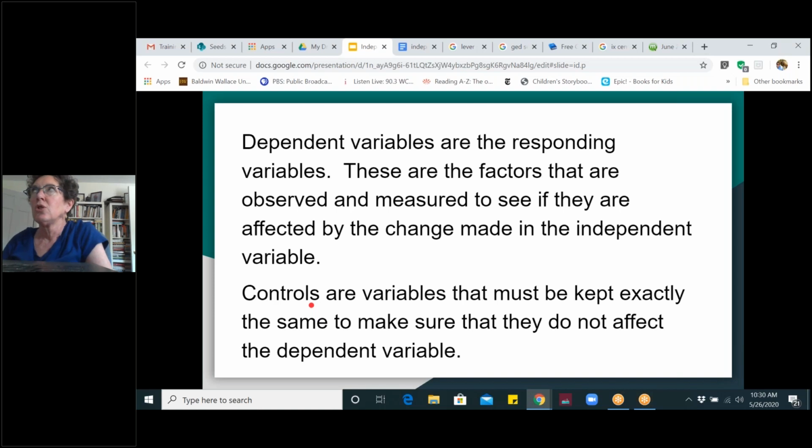That's my control. Then I come in as the experimenter and say, I'm going to add fertilizer to this group of plants, and the thing that I hope will happen, the thing that I'm measuring, is, will they grow more? Dependent variable.